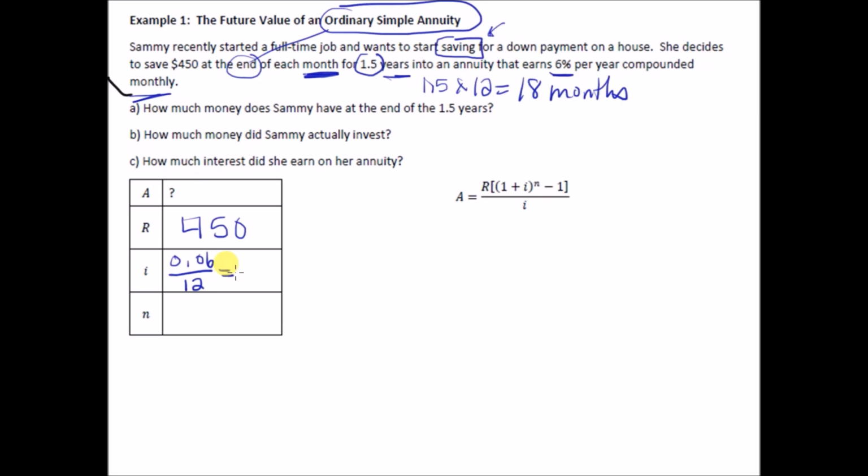So when you divide the decimal 0.06 by 12, you get 0.005. That's the interest that she's going to get paid every month. And then the number of compounding periods would be our 1.5 times 12. So the number of compounding periods is 18, she's going to be paid out 18 times.